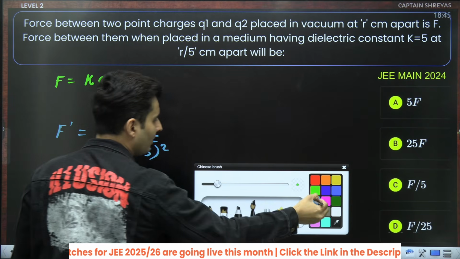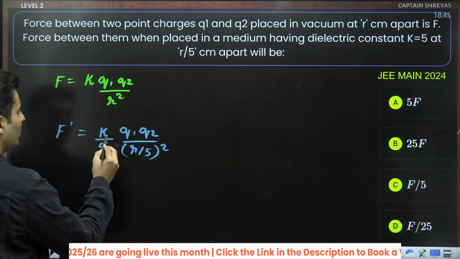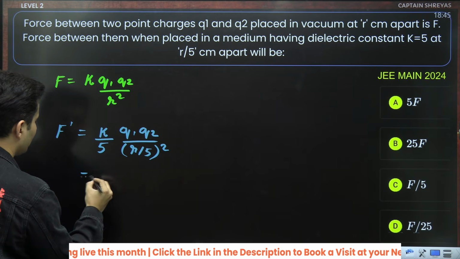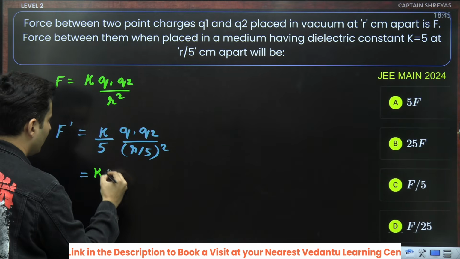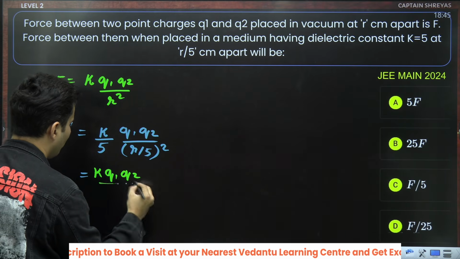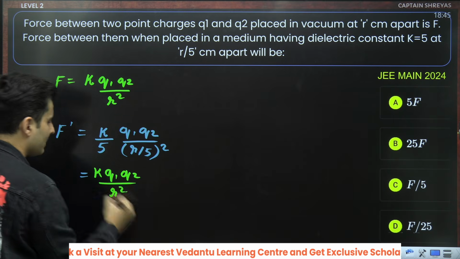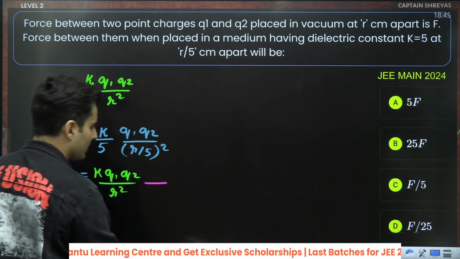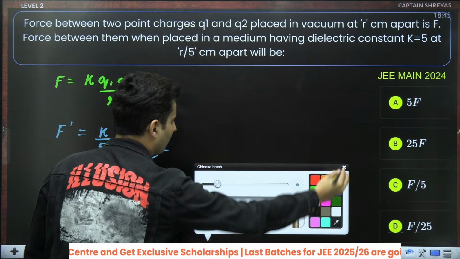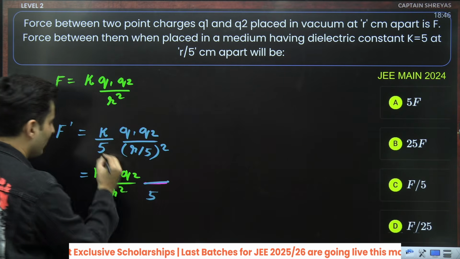Now what I can do is separate out K Q1 Q2 by r square from all these variables, and the remaining things I will just write down. This number 5 was there as it is.